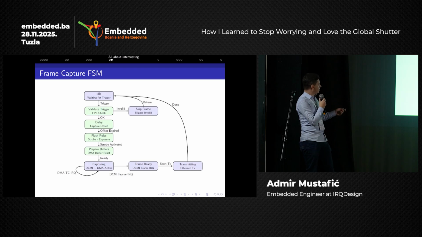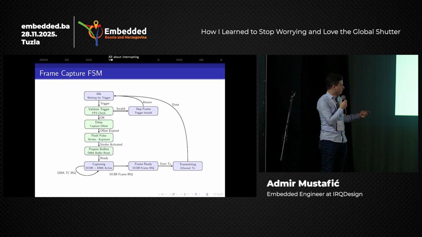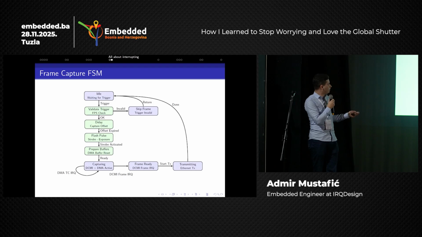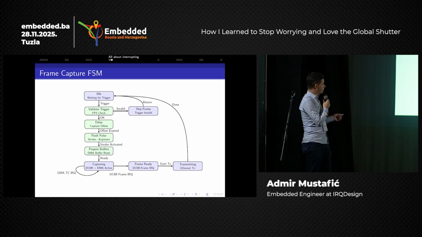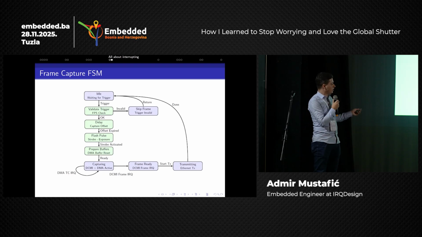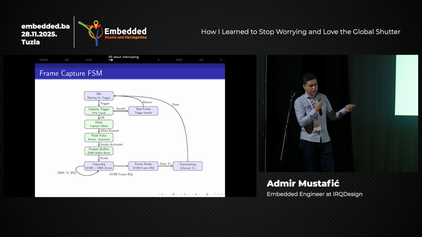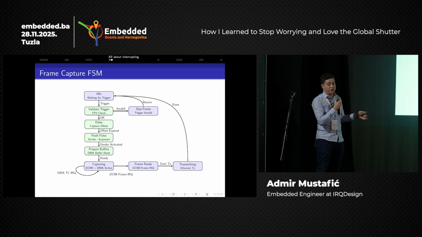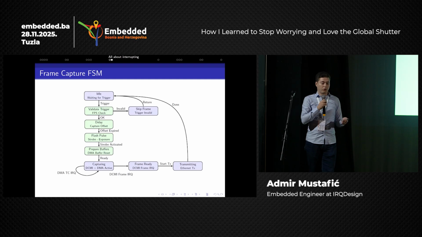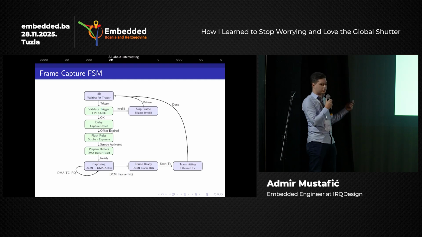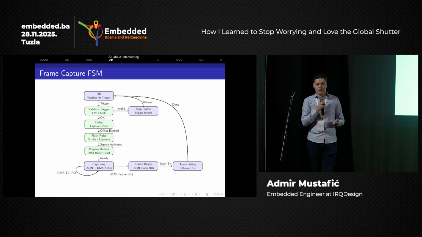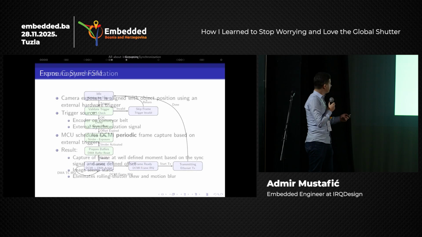While the DMA is capturing those pixel data, we'll wait for the DCMI frame interrupt, which will indicate the end of one frame. And once it's ready, we can start the transmission over the Ethernet to some PC application or whatever end device. Once that is done, we'll wait for the next trigger, which will be again periodic, ensuring the global shutter effect.